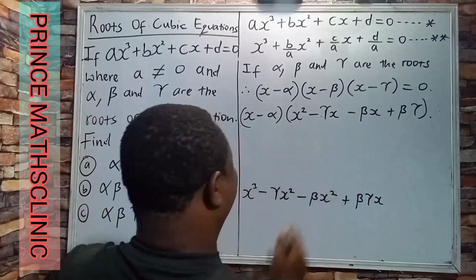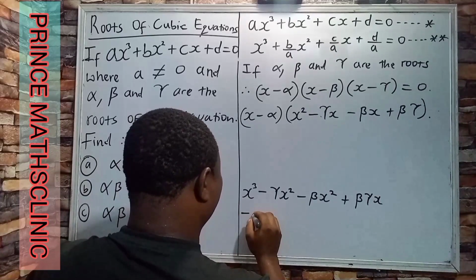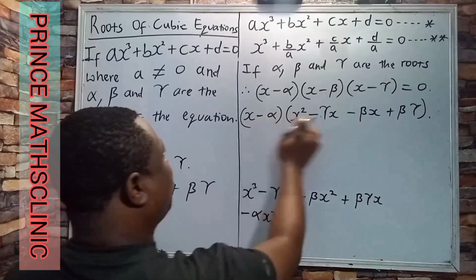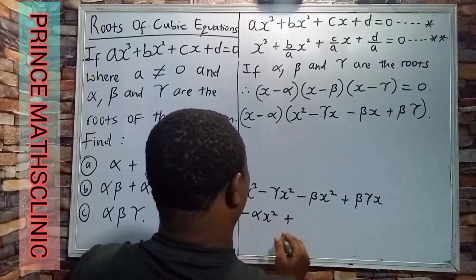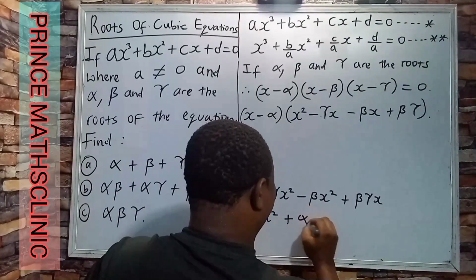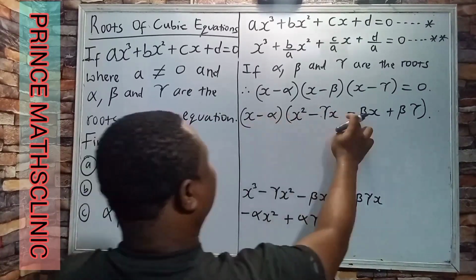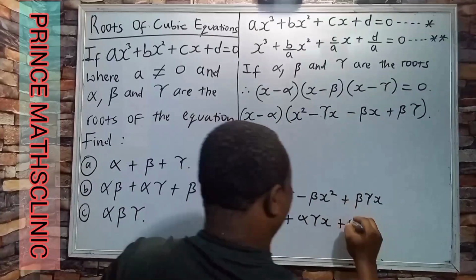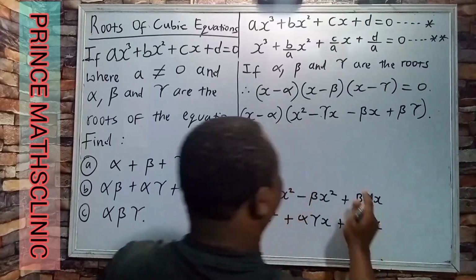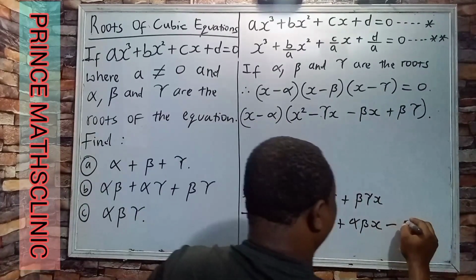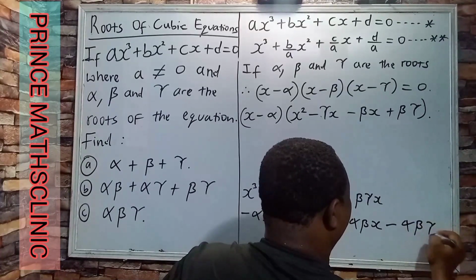Then using this to multiply, I'm going to get negative alpha x squared. Then this will become positive alpha gamma times x. Minus times minus turns to plus, so this will become alpha beta times x. Then multiply minus times plus, you get minus alpha beta gamma.